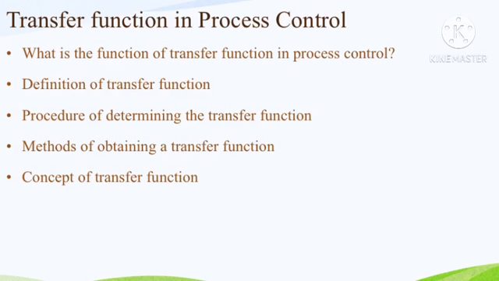The first subtopic is what is the function of transfer function in process control. The second is definition of transfer function. The third is procedure of determining the transfer function. And the fourth is method of obtaining a transfer function. And the last but not least is concept of transfer function.